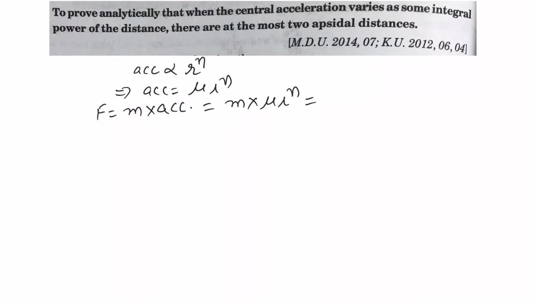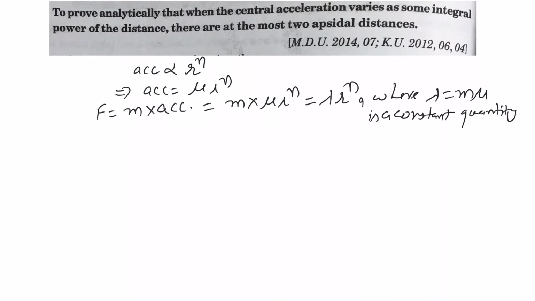Mass of the body never changes, and when this constant is multiplied with mu, it gives a new constant, say lambda r^n, where lambda is equal to m mu, a constant quantity. This implies that f is equal to lambda r raised to the power n.